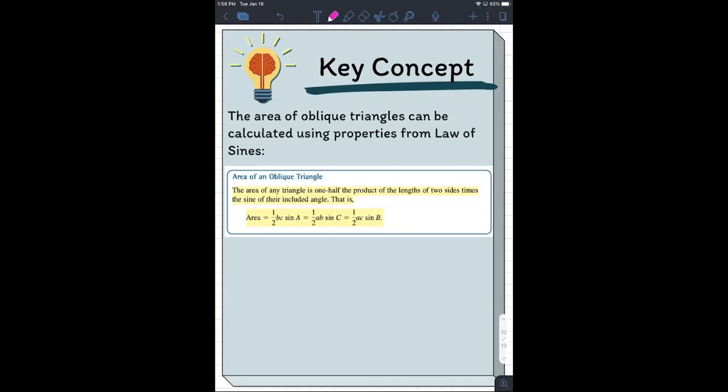Give me a green yes when you're ready to move on. Seven, 8, 9, 10. 11 or 12.